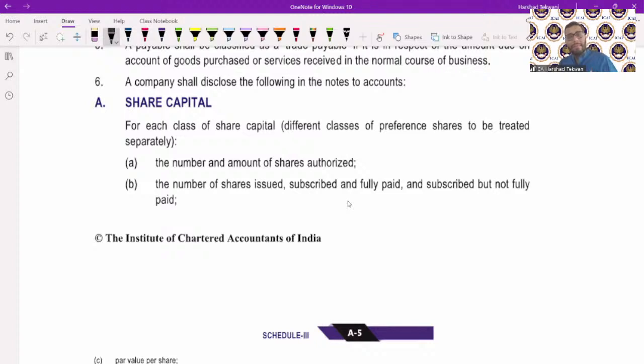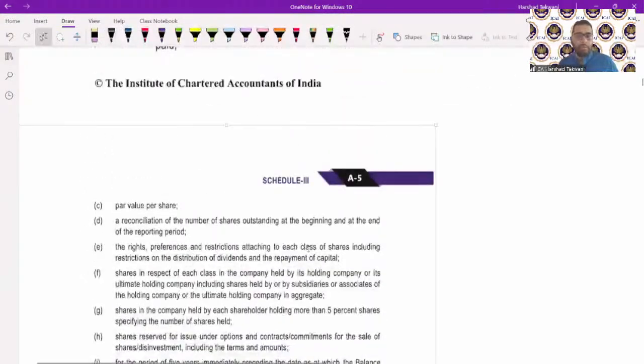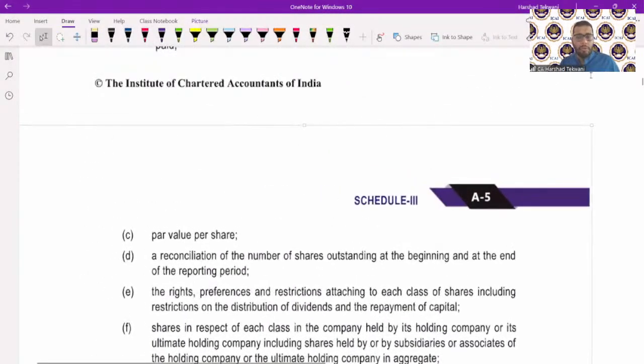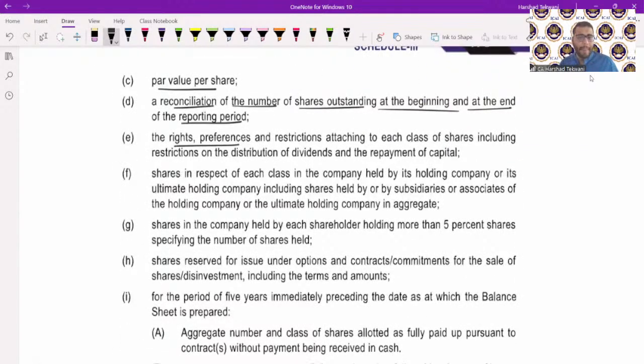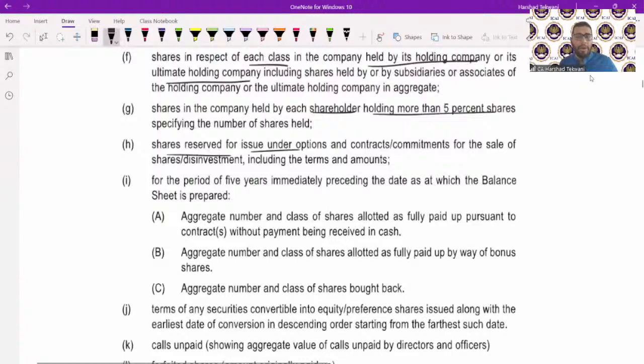There is a minimum disclosure requirement which talks about what you are required to disclose for each class of share capital: the number and amount of shares authorized, number of shares issued, subscribed and fully paid up, value per share, reconciliation of the number of shares outstanding at the beginning and the end of the reporting period, rights and preferences of shares, each class of share held by its holding company or ultimate holding company, names of shareholders holding more than 5%, and shares reserved under issues and options.